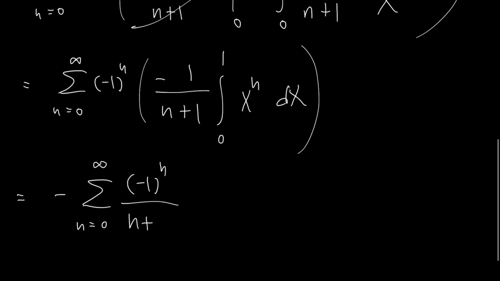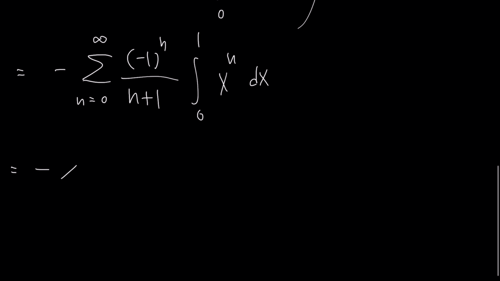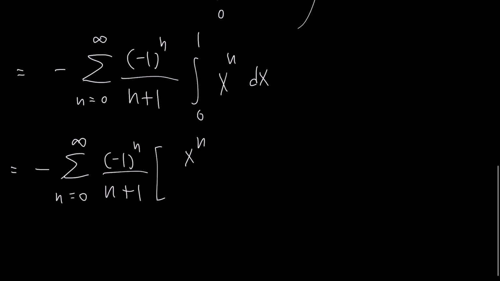which is equal to negative the sum from 0 to infinity of (-1)^n divided by n plus 1 times the integral from 0 to 1 of x^n dx. But that's a standard integral. We're just left with negative the sum from 0 to infinity of (-1)^n over n plus 1 times x^(n+1) divided by n plus 1 from 0 to 1.